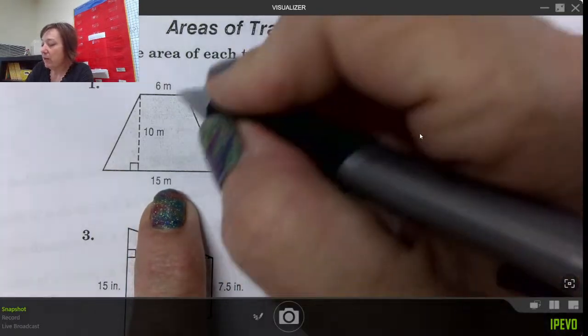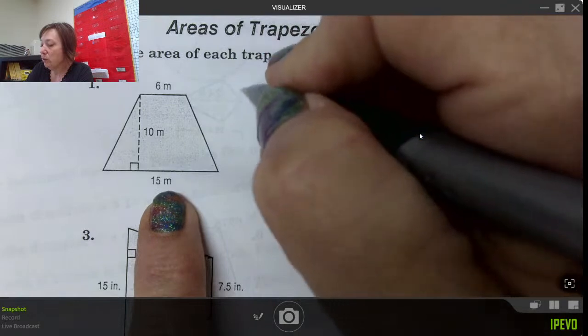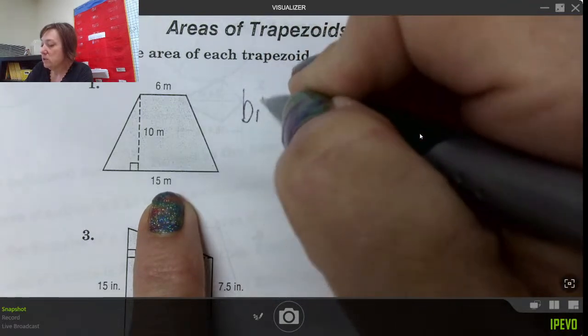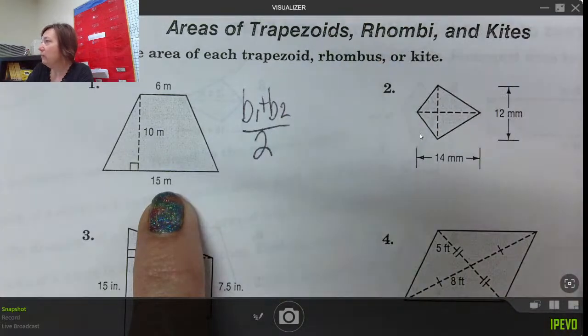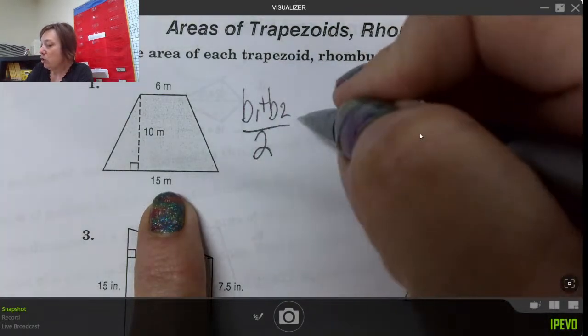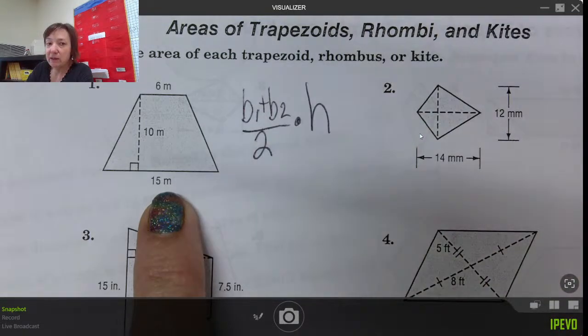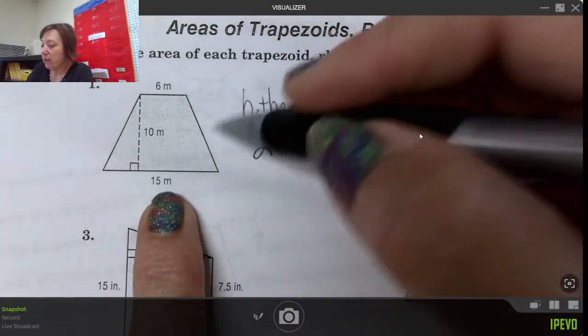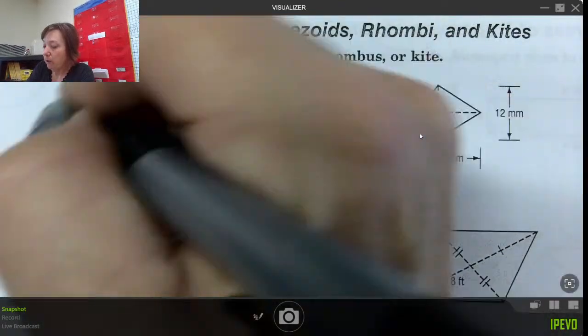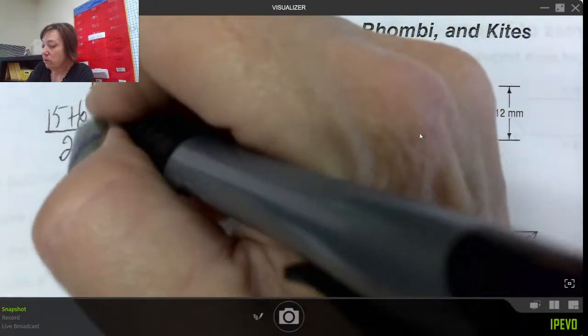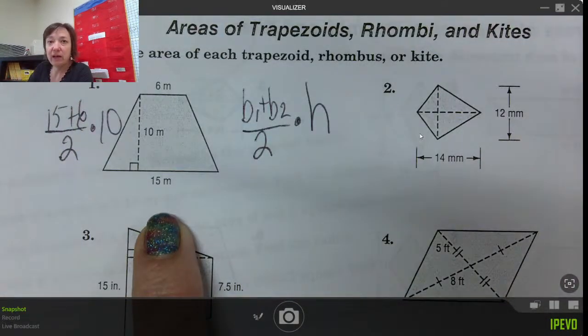To find the area of this trapezoid, you do base 1 plus base 2 divided by 2. That gets the average size of the base. And then you multiply that by whatever the height is. So on this problem right here, we would have 15 plus 6 divided by 2. And then whatever that is, we multiply that by 10, and that gets the area of that trapezoid.